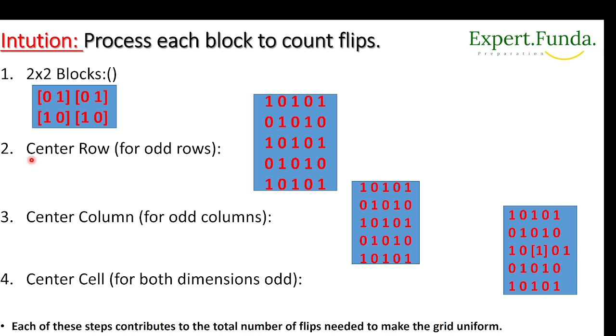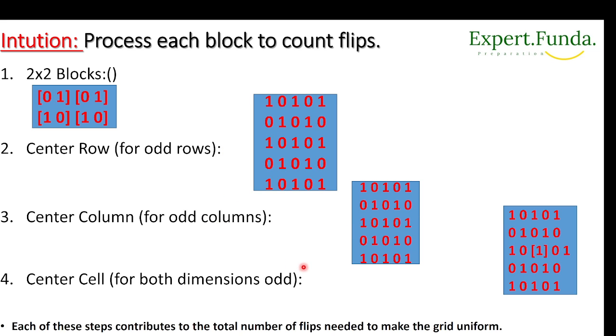After that, we have to handle the center row for odd rows, and then the center column for odd columns. The number of rows here is 0 1 2 3 4 5, so there are 5 rows, which is odd, and here the columns are odd as well.